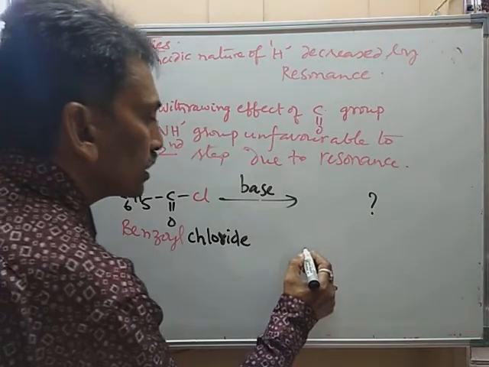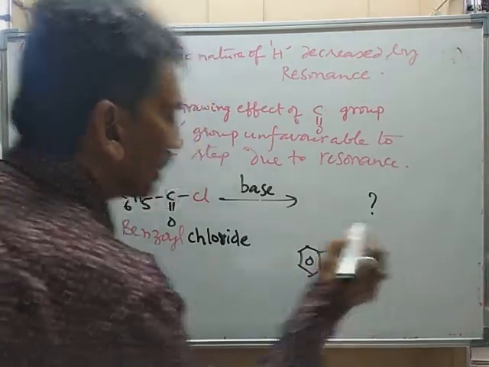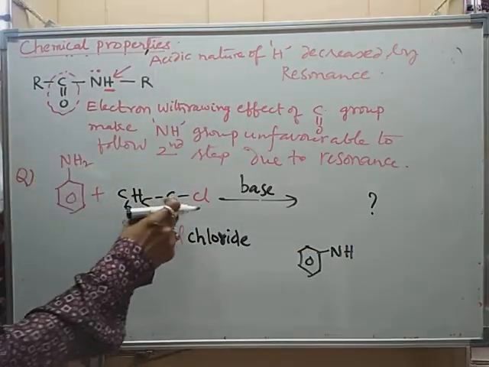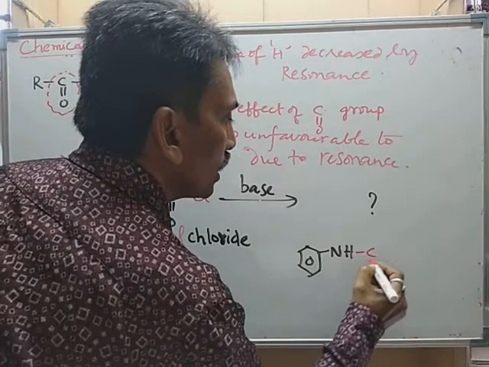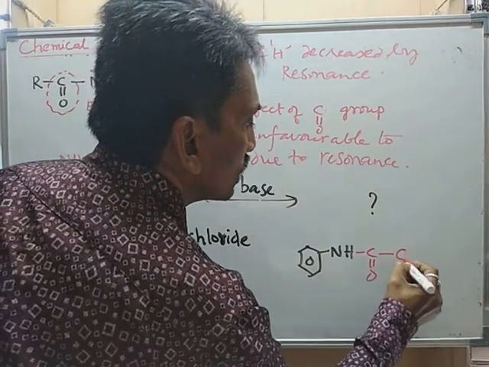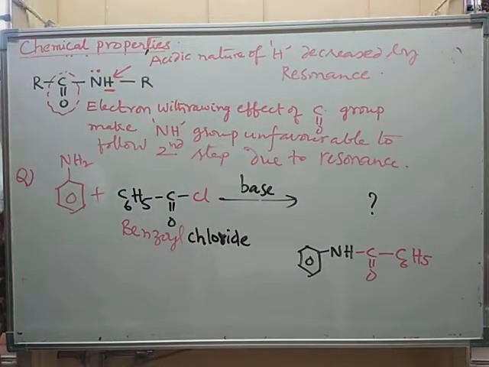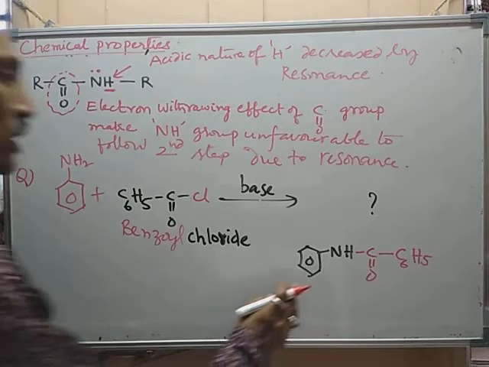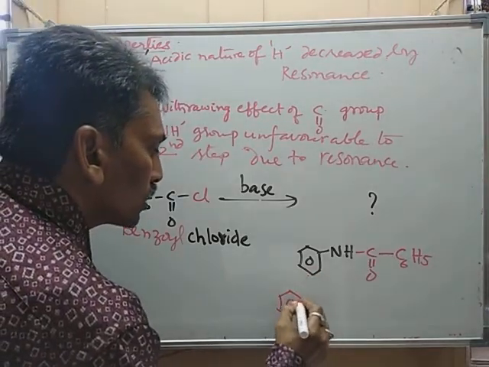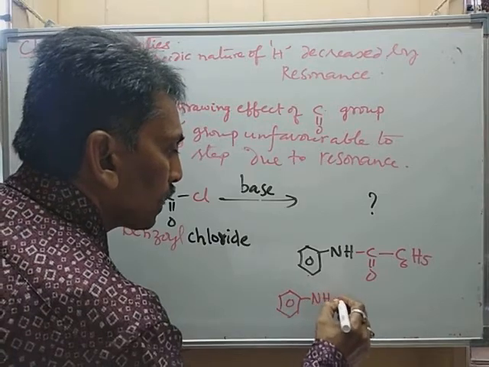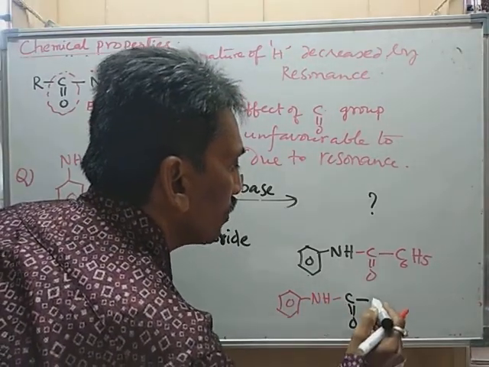Yes. The answer is benzene ring, NH2 becomes NH, and this part is joined this way: C double bond O C6H5. In place of C6H5 you may draw a benzene ring, another style, NH C double bond O benzene ring.